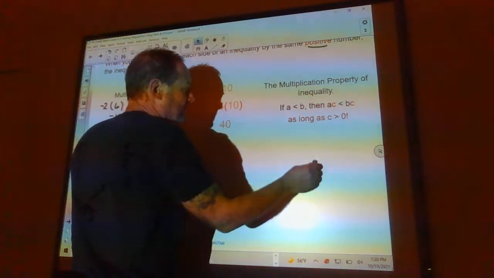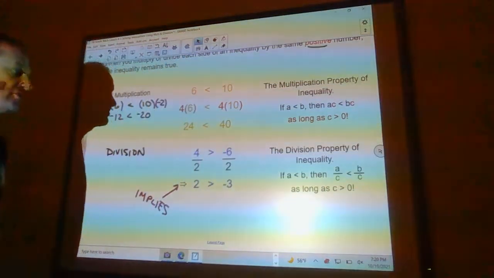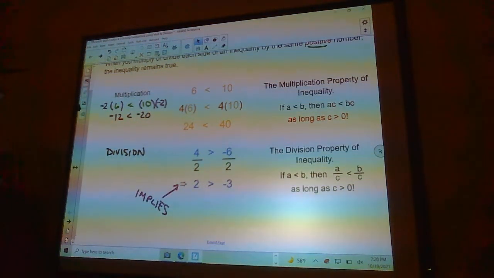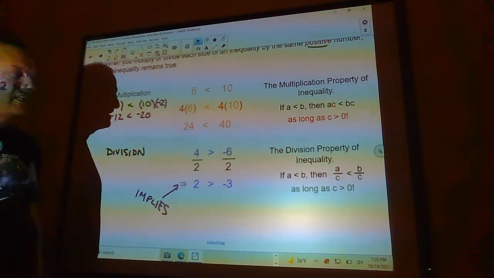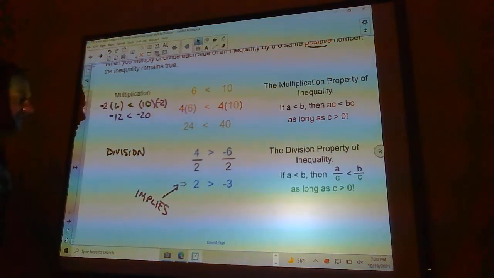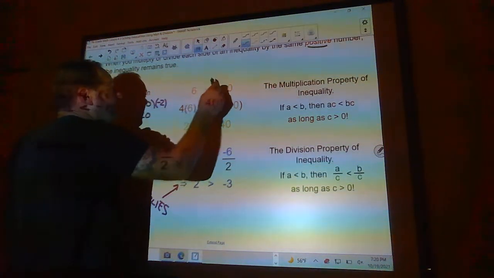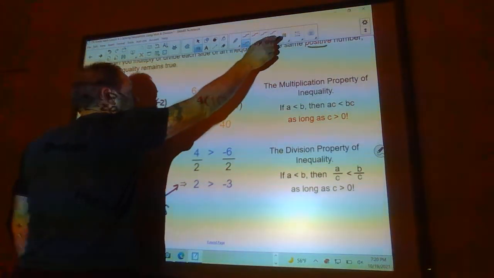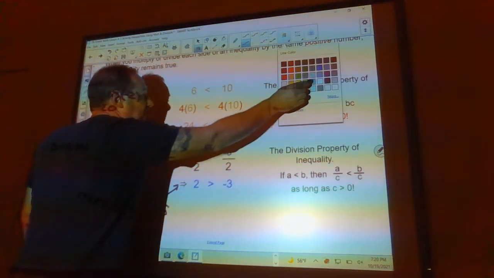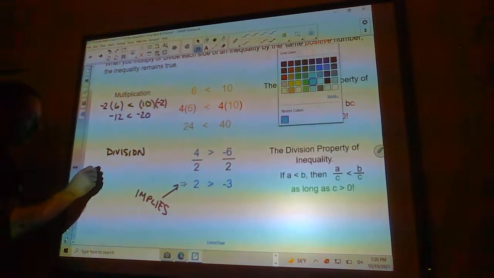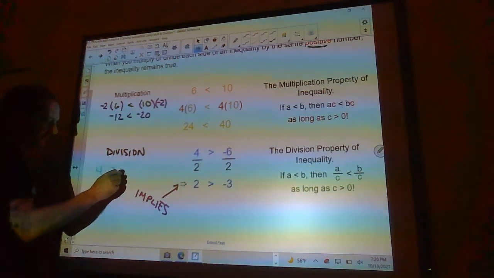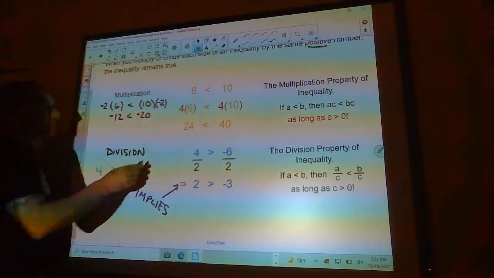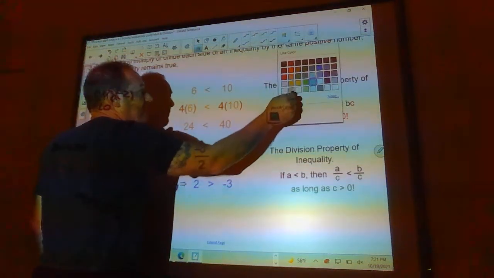So I'm going to get another property, the division property of inequality, which says if A is less than B, then A over C is less than B over C as long as C is greater than 0. So we can look at this again if we did something like this. If we said, okay, I've got 4 is greater than negative 6. And what if I divided both sides by negative 2 this time?